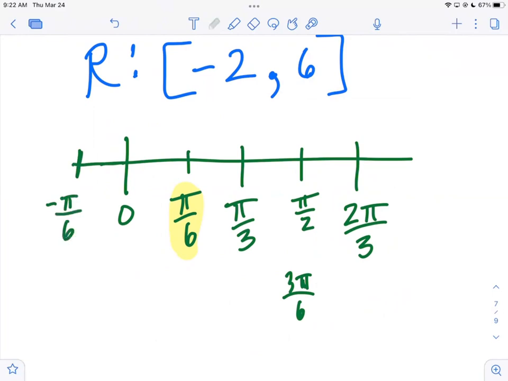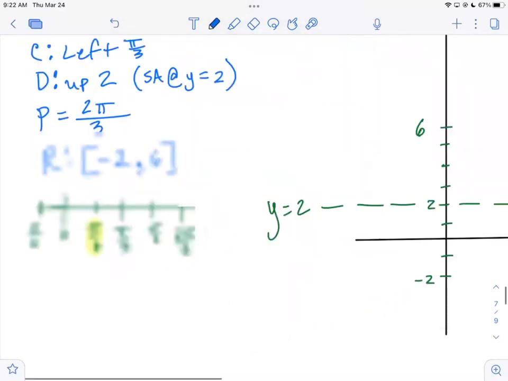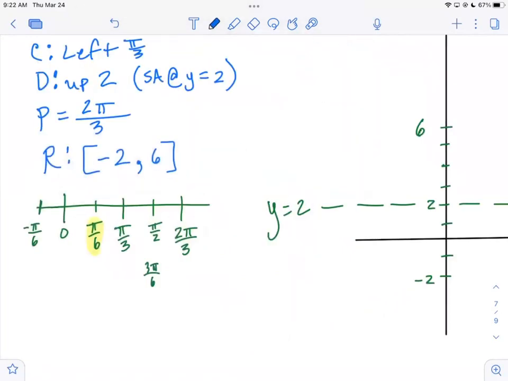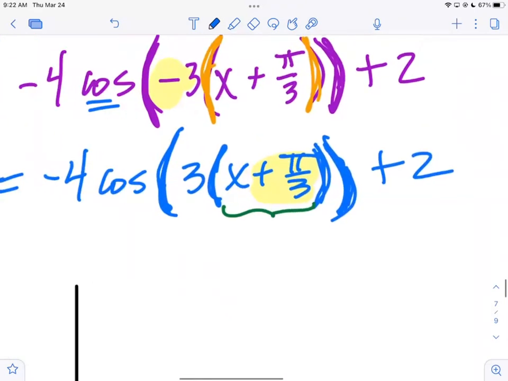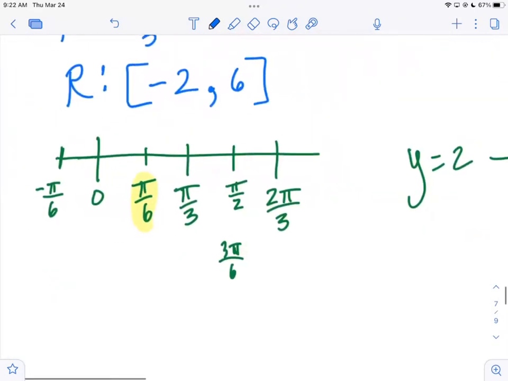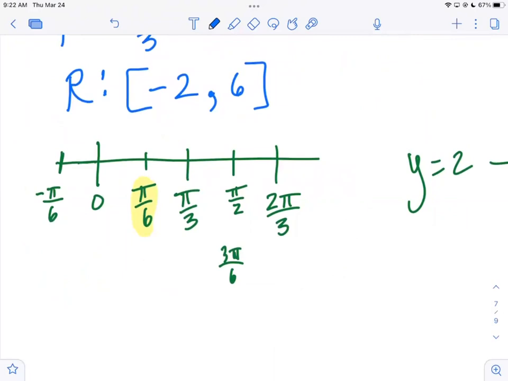All right, now here's what we're going to do. We're picking the graph up. That's where the critical values are before the shift. We're picking it up and we'll move everything left pi thirds. Left pi thirds. Oh man, where is left pi thirds going to be? Well, pi thirds is a critical value, right? So look at this.